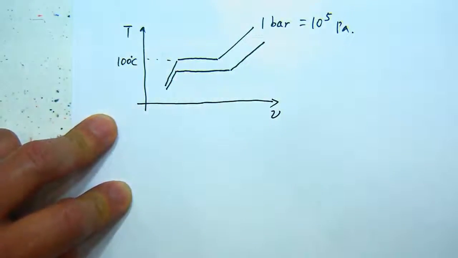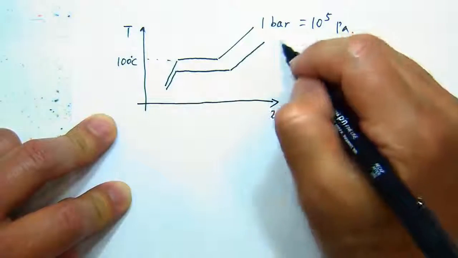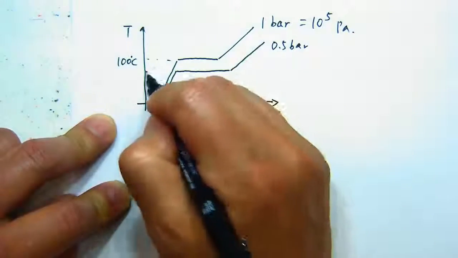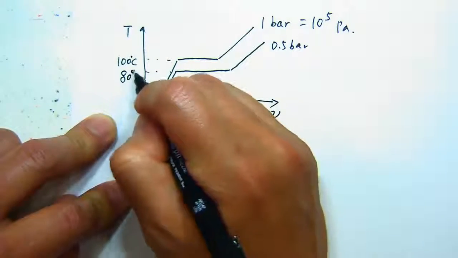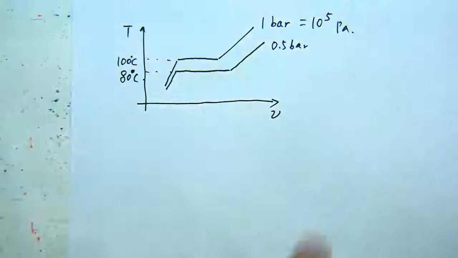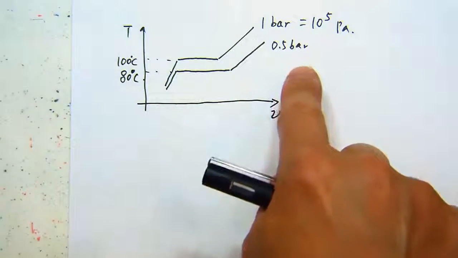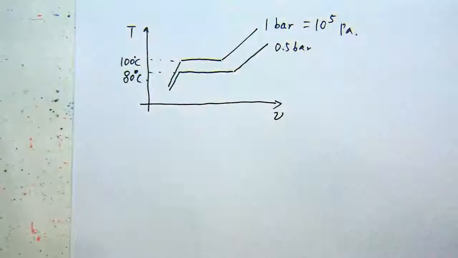For example, if this pressure becomes half bar, this boiling point will drop to 80 degrees C. So in fact, if we consider the ambient pressure in Tibet, average height will be 0.57 bar, the water will boil at around 85 degrees C there, right?